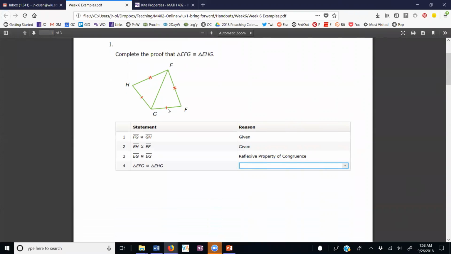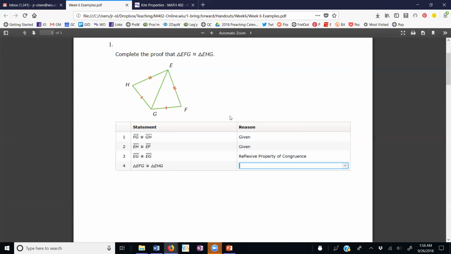The second piece of given information is that segment EH is congruent to segment EF, and these are marked with 2 marks. The only thing we need to do to complete this is to have segment EG congruent to itself.